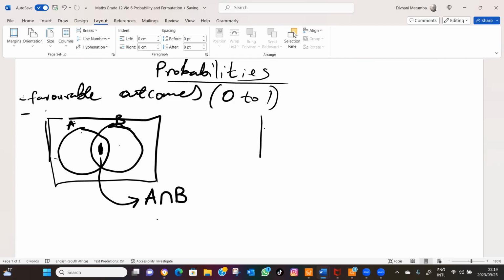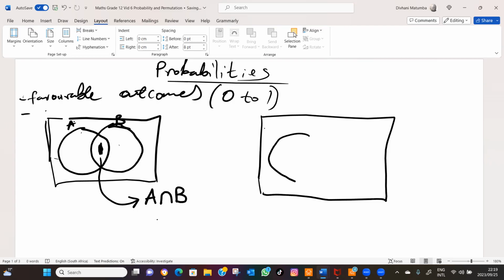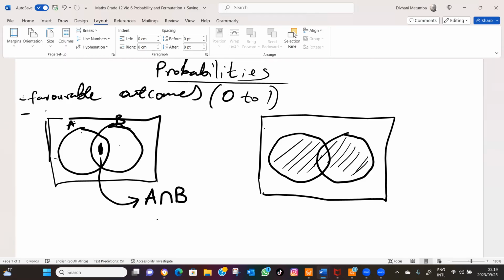Now, we also have another scenario, whereby we can have that situation there. This region is represented by a union.